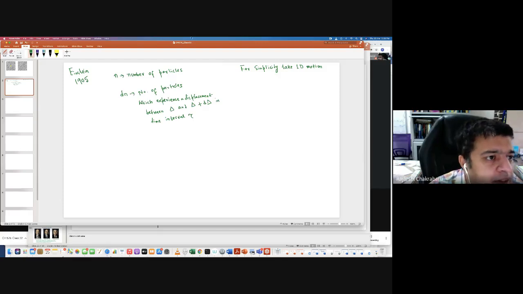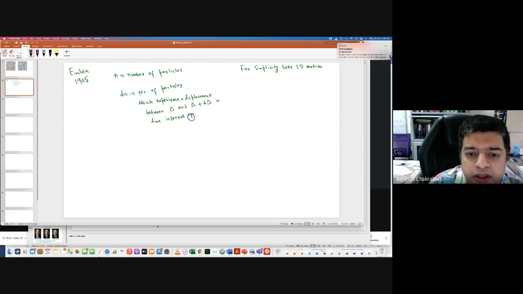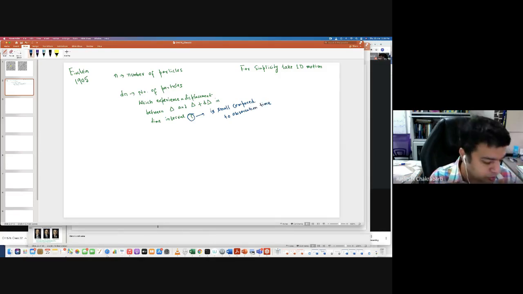Now this time interval tau is very important. What is this time interval? Time interval tau is small compared to observation time, but larger than any correlation time.